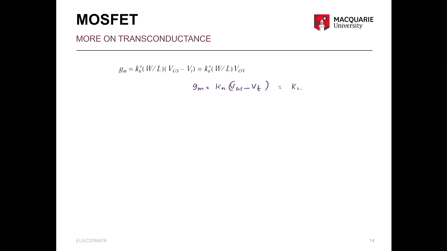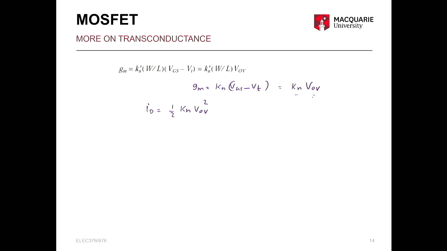Which is Kn times the overdrive voltage. The same equation we can write in different forms by substituting either for the overdrive voltage or for Kn. The other equation that we use to substitute is the ID equation. ID is equal to half Kn times the overdrive voltage squared.